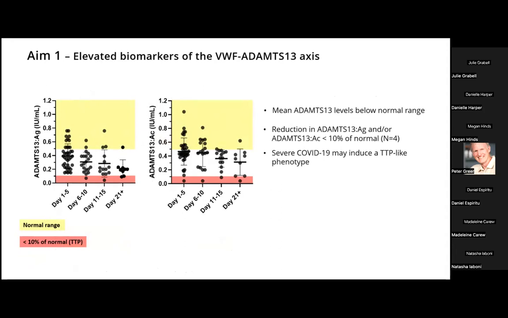However, we identified 4 patients with an ADAMTS13 reduction to below 10% of normal. That suggests that COVID-19 may induce almost a TTP-like phenotype, which is characterized by this type of severe reduction in ADAMTS13.